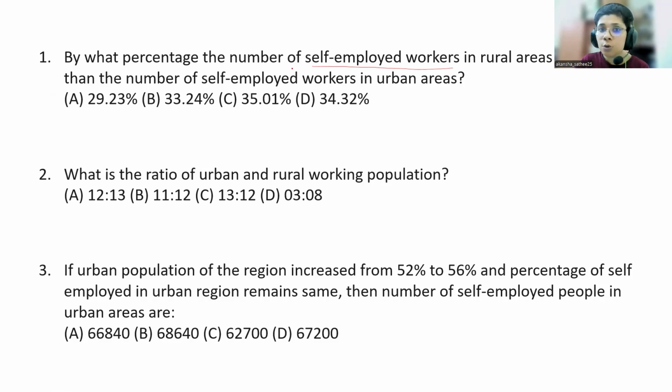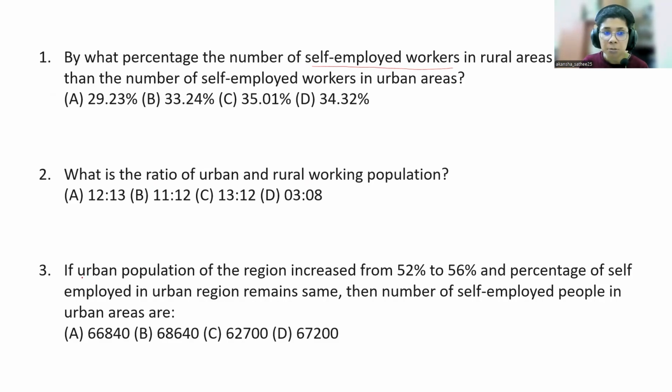Basically you need to know how many self-employed workers are there in rural as well as urban area. The second question: what is the ratio of urban and rural working population? Again, you should know the working population in urban area and in rural area to solve this problem.